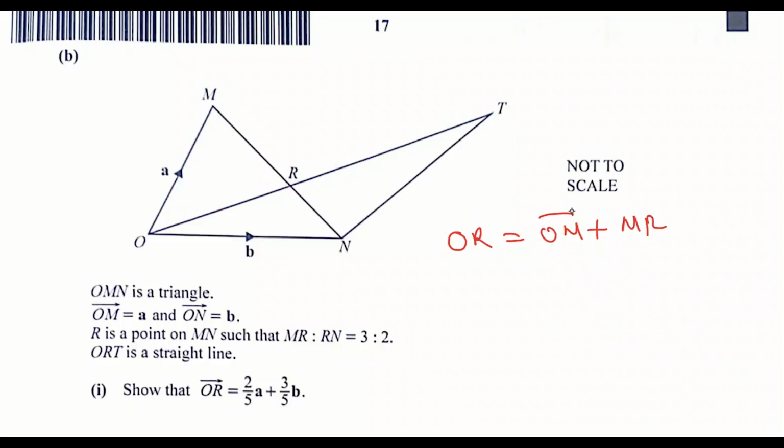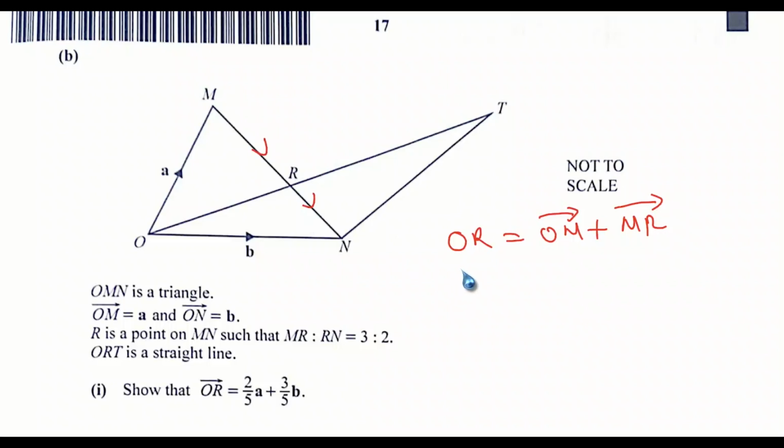So you move from O to N, then from N to R. We already know that ON equals b, so we need to calculate NR. To do that, we need to find MN first.